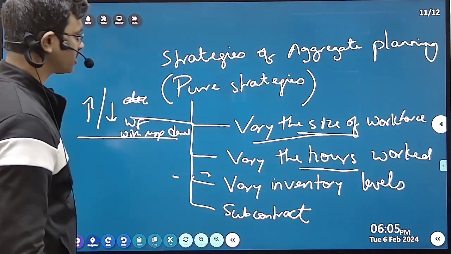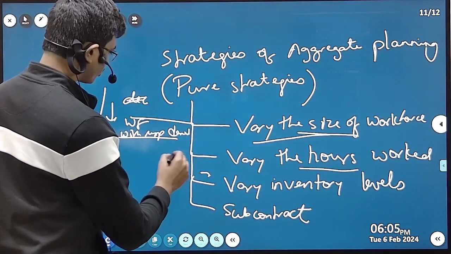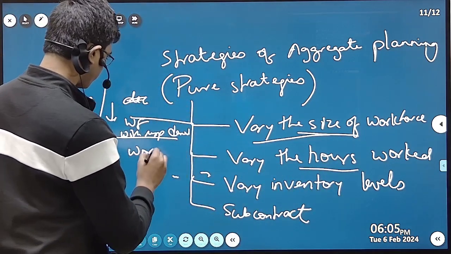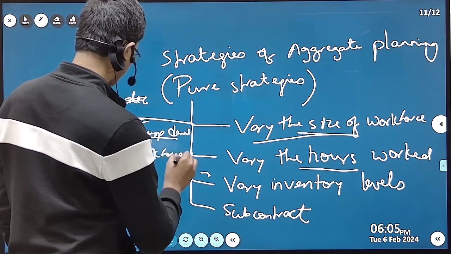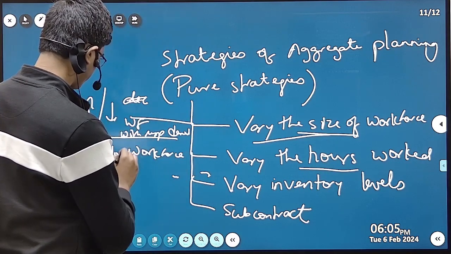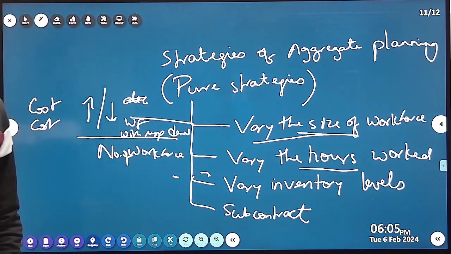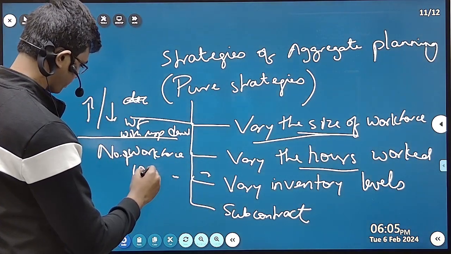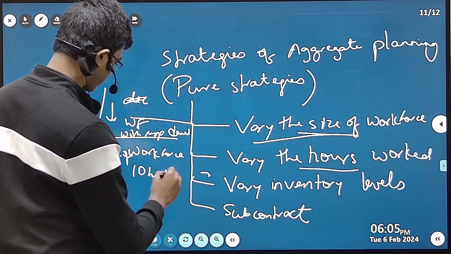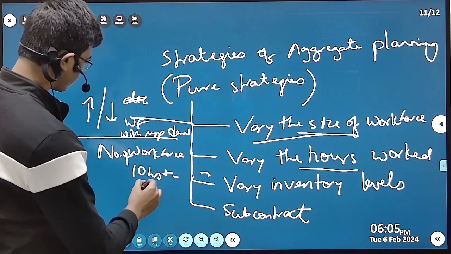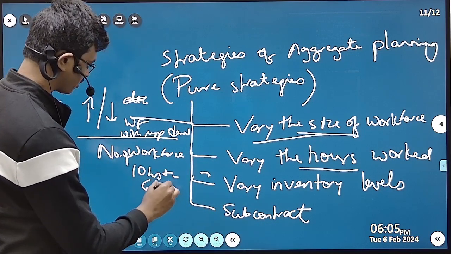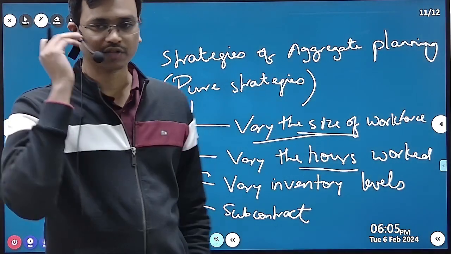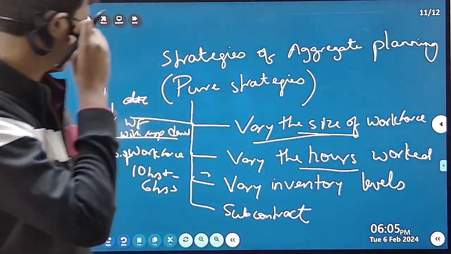In this strategy, the workforce will remain the same. The number will not change, but based on the demand, you will increase and decrease your hours worked, right? At peak, probably they will work 10 hours plus if you have high demand. And if you have low demand, they will work for 6 hours. So that kind of adjustment is done in this strategy.